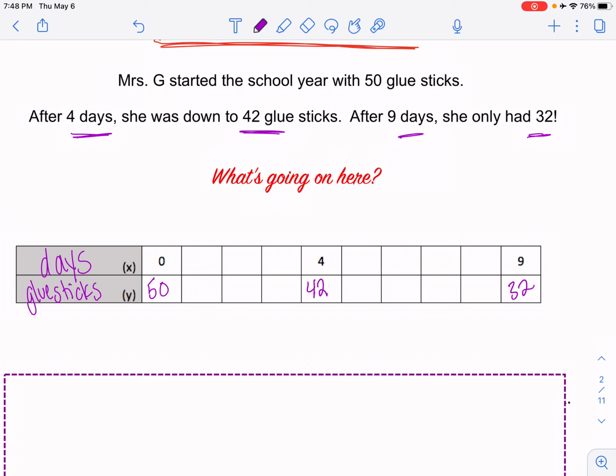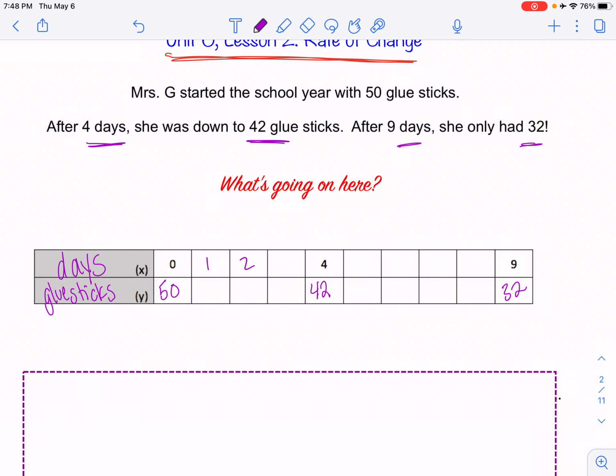If you've given that a try, you can think about filling in each day in order. If you think about what's happening here, this is the span of 4 days, not 3. From 0 to 4, that's 4 days. And in 4 days, I have lost 8 glue sticks, right?